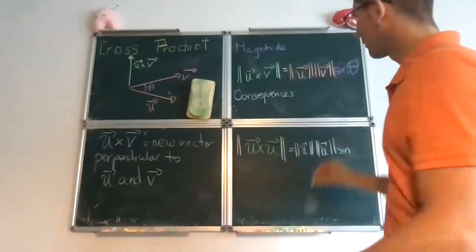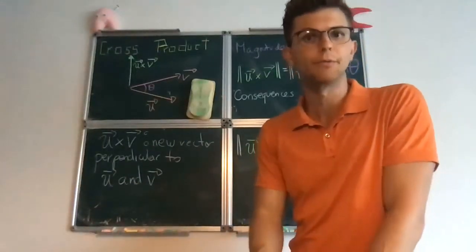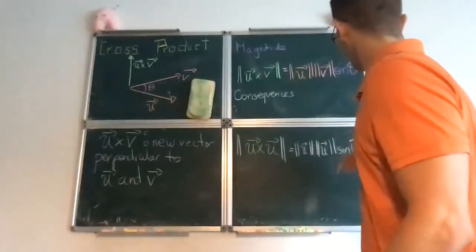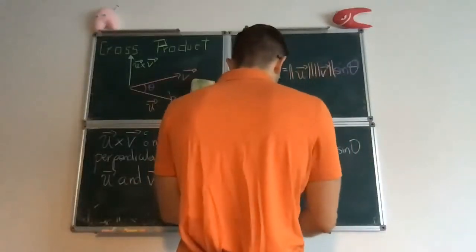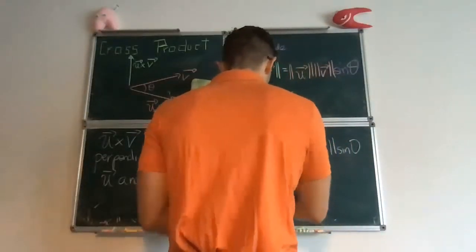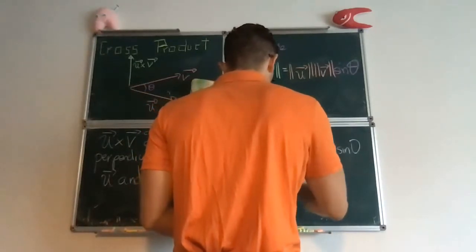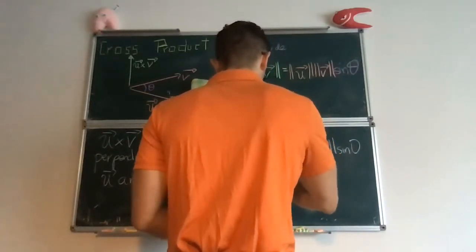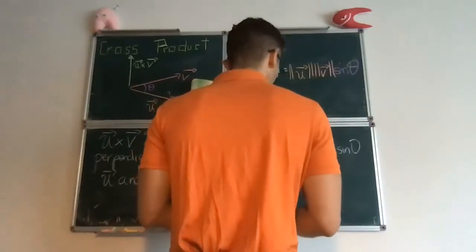And then you say, well, what's the angle of one vector with itself? That's 0, right? So you're putting here a sine of 0, and so you get 0. And so that means that if you take a vector, let me make 2 copies of it, and you're trying to take the cross product of it with itself, then you get 0.